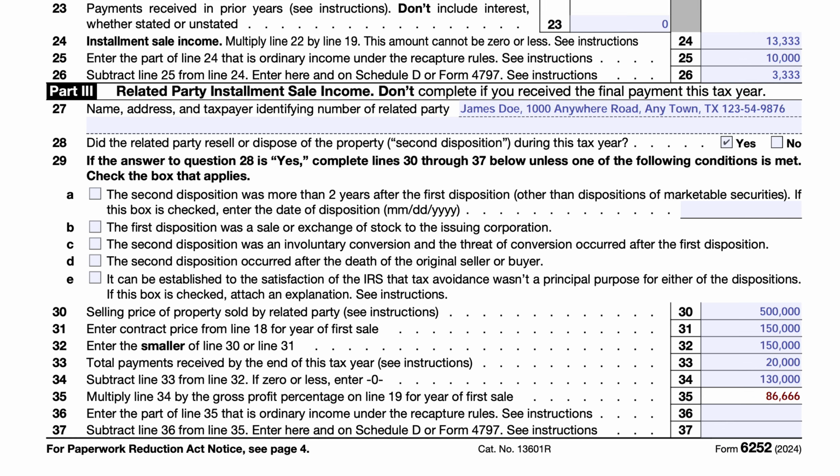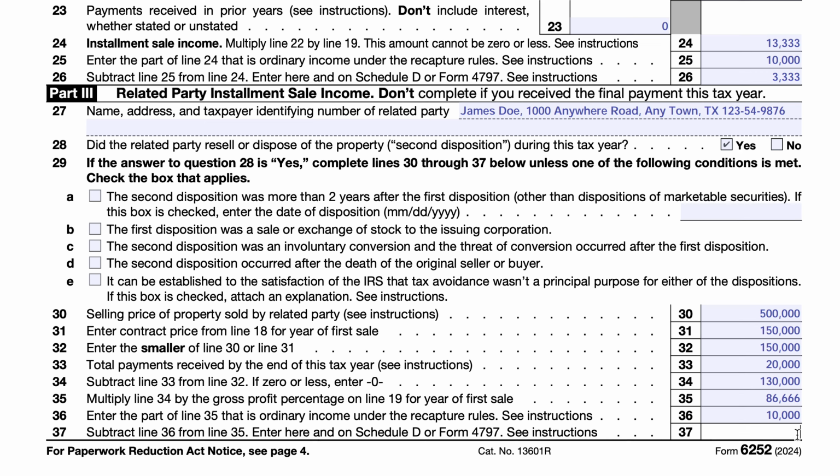So for line 36, basically we would enter the instructions for line 25. So let's say it's that $10,000, and you would enter this amount after you subtract it on here and on either Schedule D or IRS Form 4797.